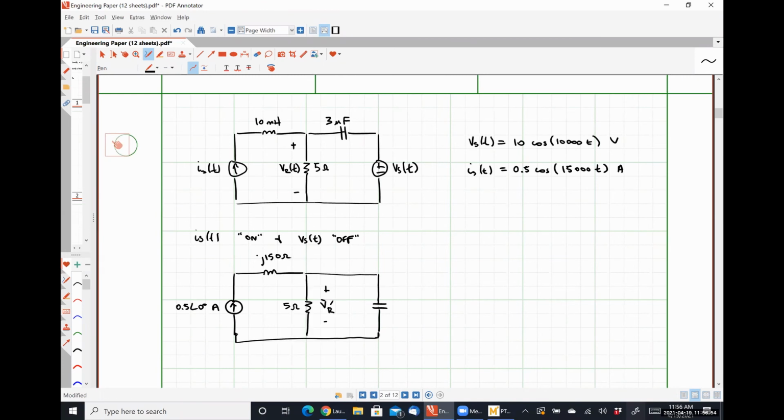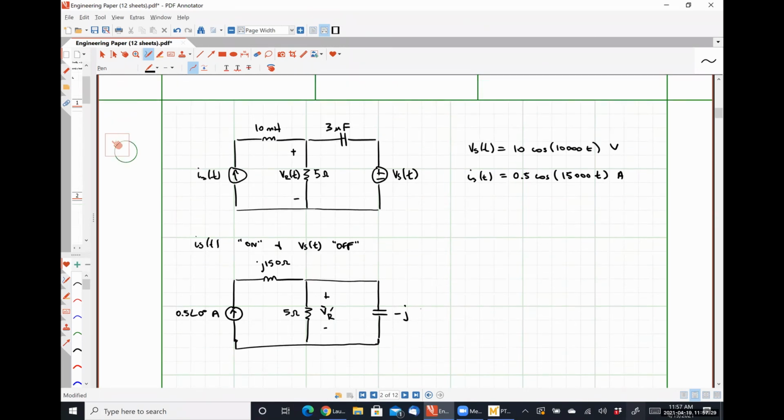And this other guy is going to look like negative J over 15,000 times 3 times 10 to the minus 6, which is minus J 22.22 ohms. Or it actually might be better to write it as minus J 200 over 9 ohms.